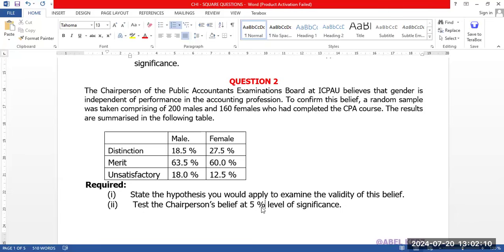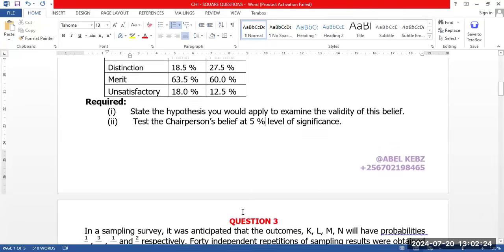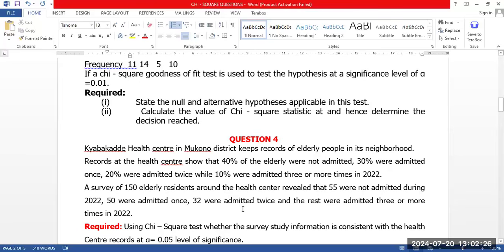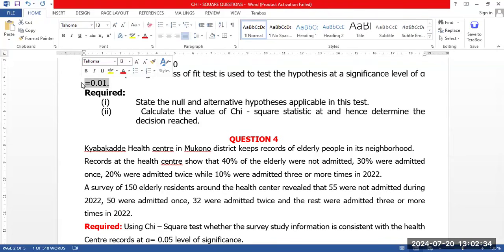So if they give you 95%, don't base on 95%. You get 100% minus 95%, which is 5%. That 5% will be your level of significance. If they give you 90%, you get 100% minus 90%.